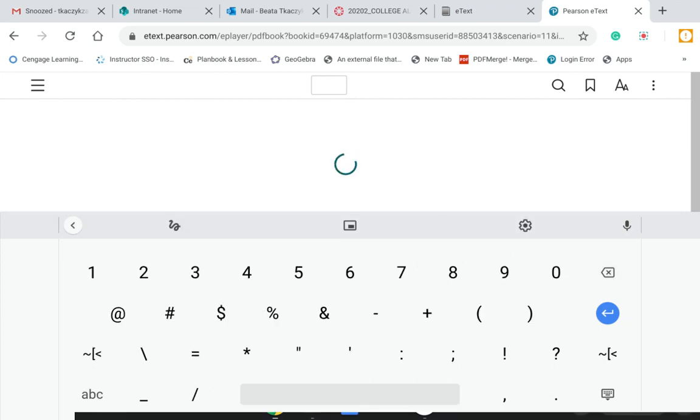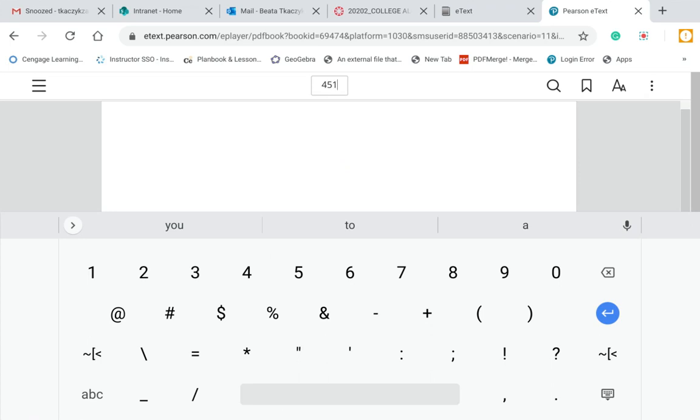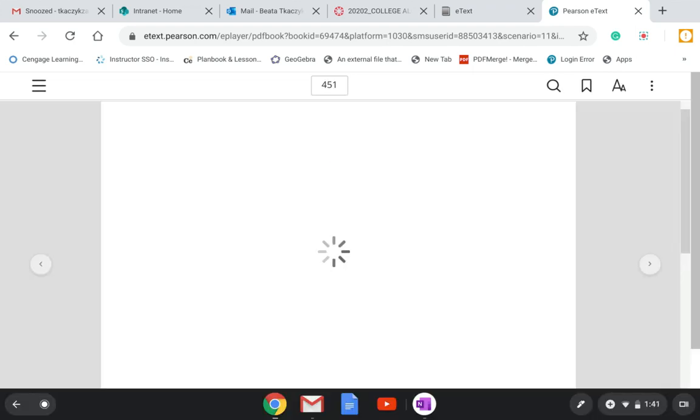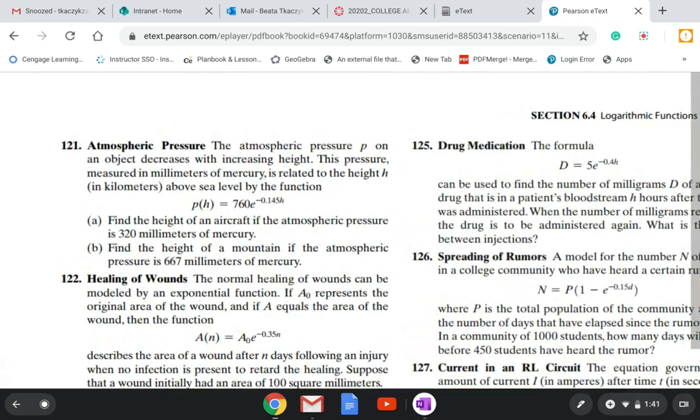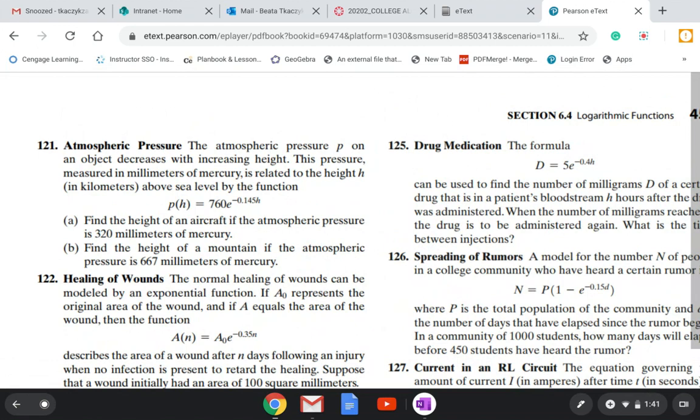And this is number 121. Okay, so that's the problem. Atmospheric pressure. The atmospheric pressure P on an object decreases with increasing height.